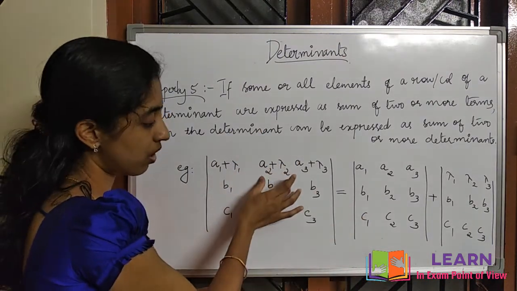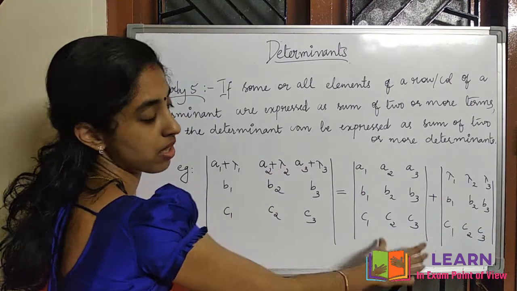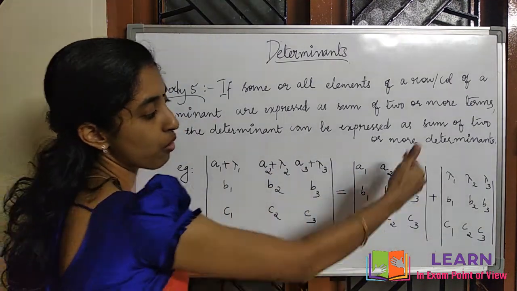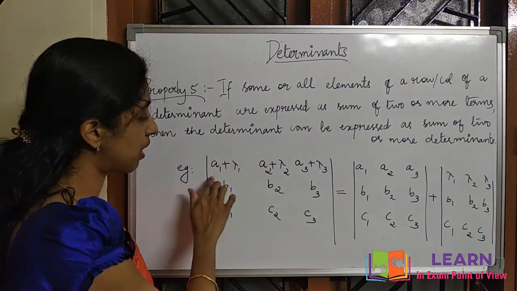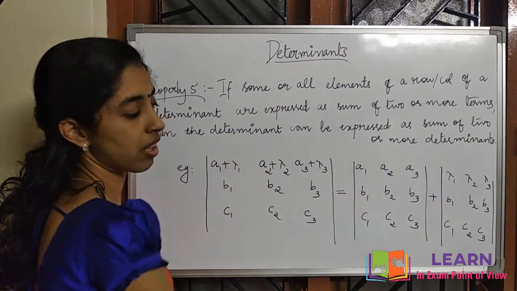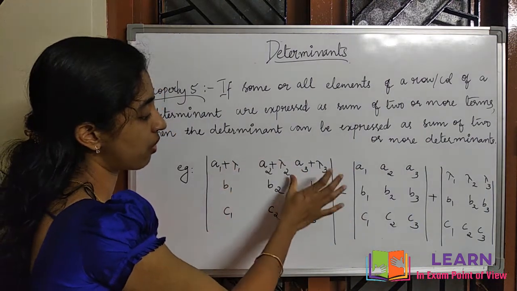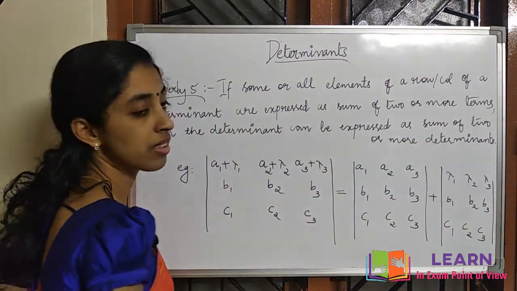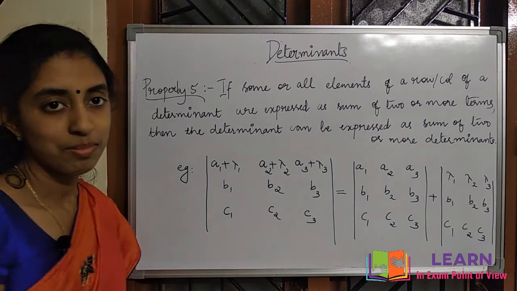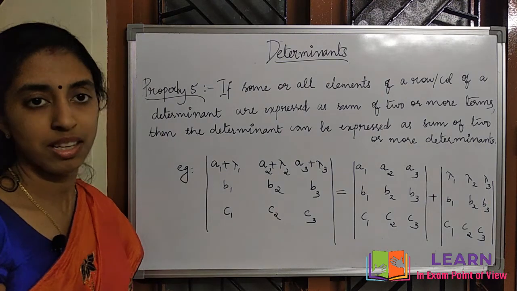Here two terms, so two determinants. We have split these two terms into single ones: a1, a2, a3 as a single determinant, lambda 1, lambda 2, lambda 3 as another determinant. Is it clear?